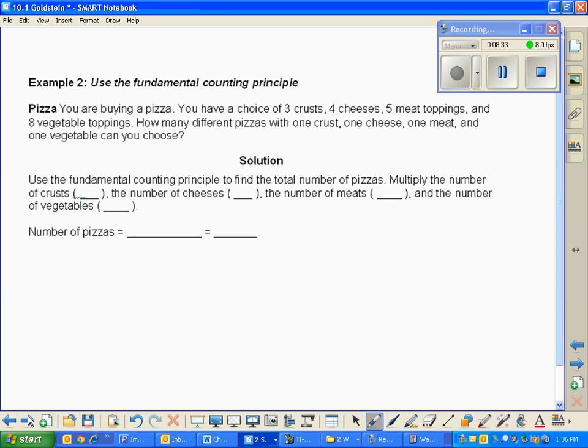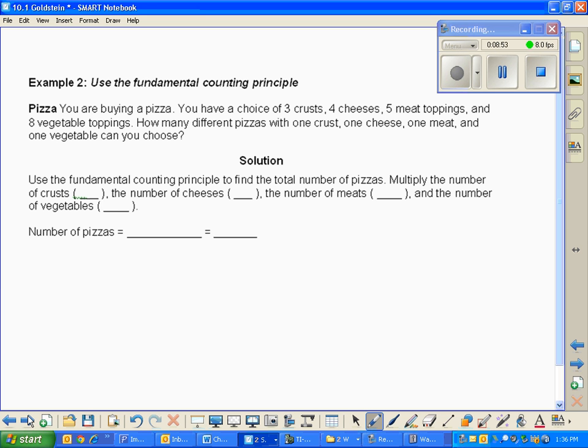You have a choice of 3 crusts, 4 cheeses, 5 meat toppings, and 8 vegetable toppings. And they want to know how many different pizzas we can create with one of each of those. So we would use our counting principle to find the total number of pizzas.